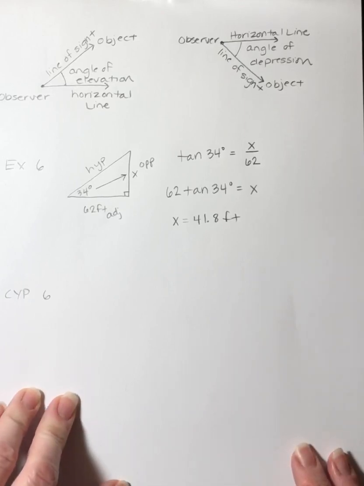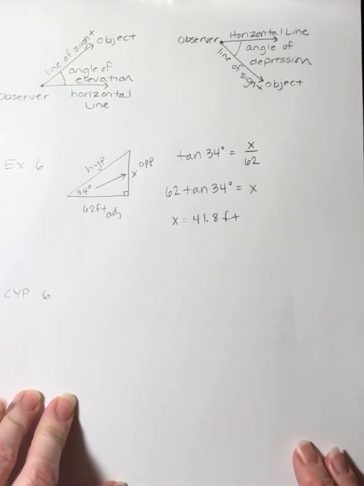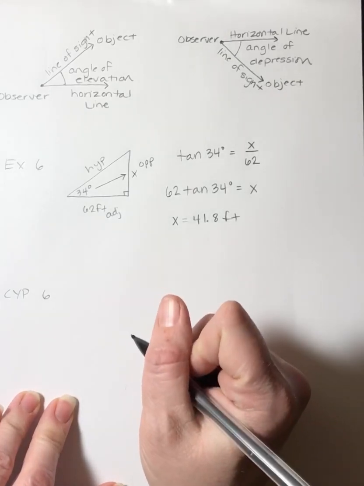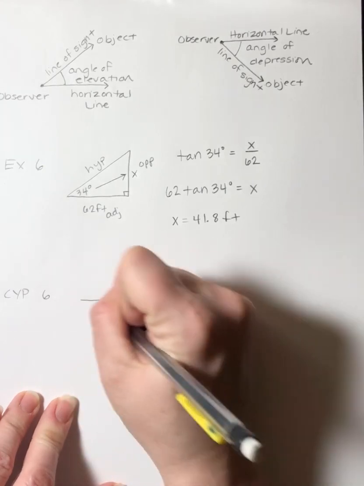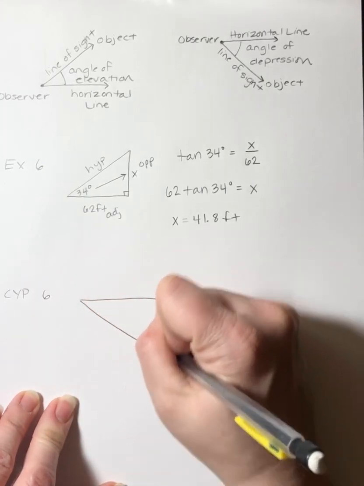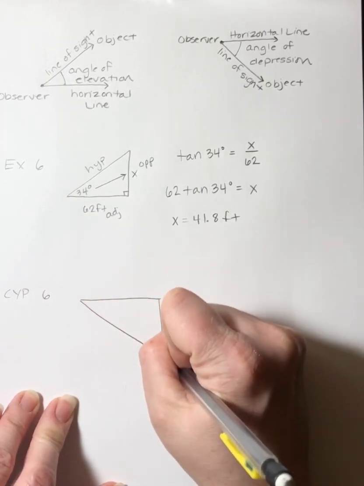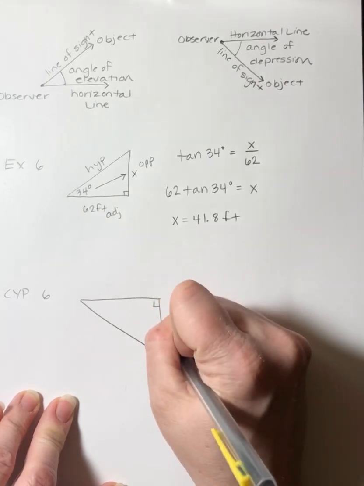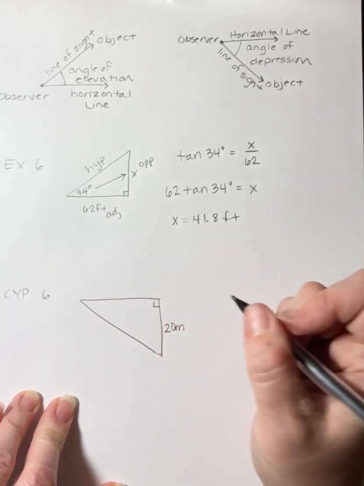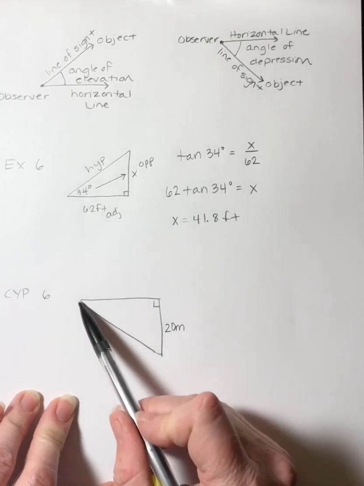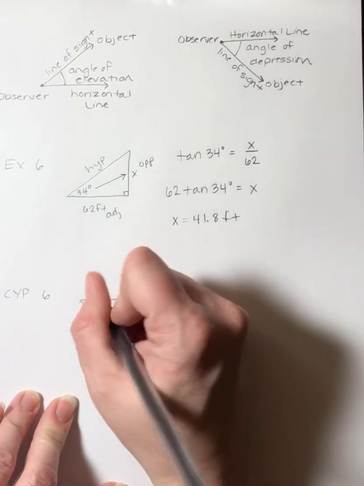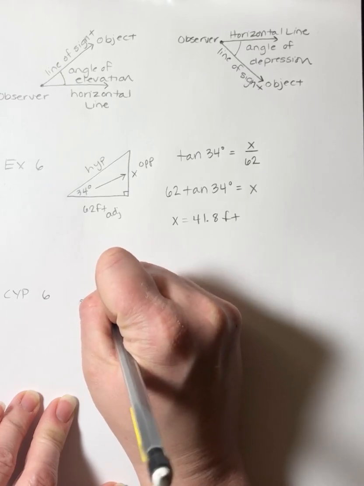All right. Check your progress 6. The angle of depression from the top of a lighthouse that is 20 meters high is 25 degrees.